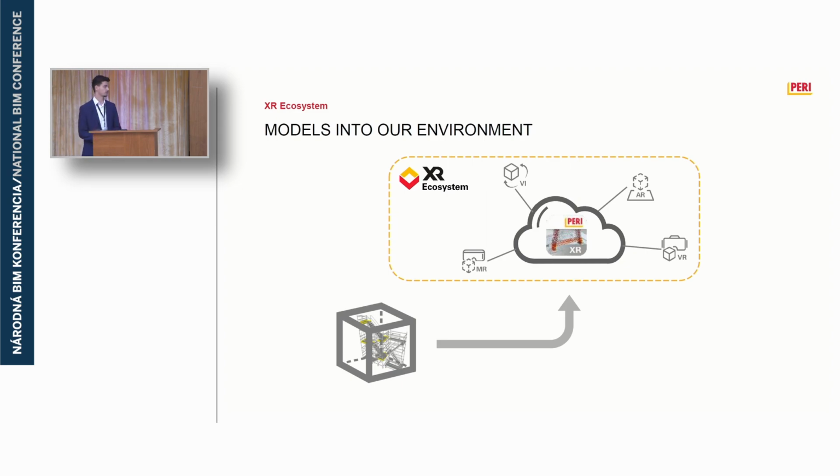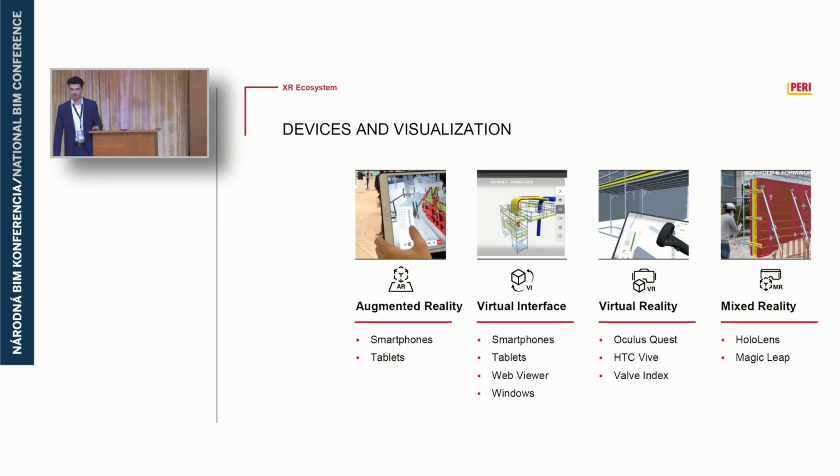How does this work? We basically have a 3D model of a scaffolding, for example, and then upload it to the cloud, and then we have all the capabilities to visualize it with different devices. What do I mean by devices? I think all of you have a smartphone and maybe also a tablet, so we mainly focus on that part, but we are also able to use virtual reality with VR headsets.